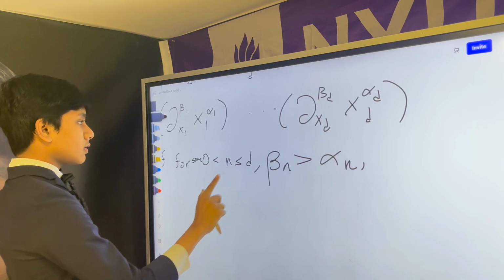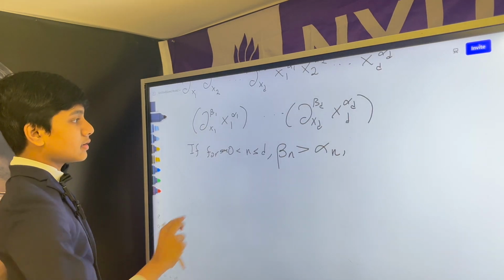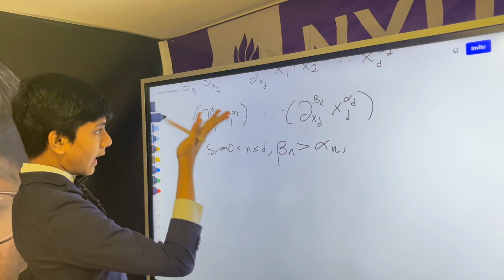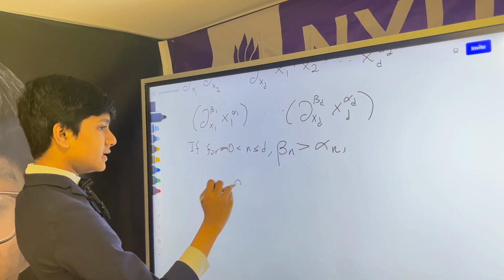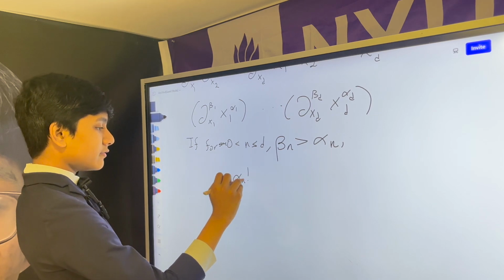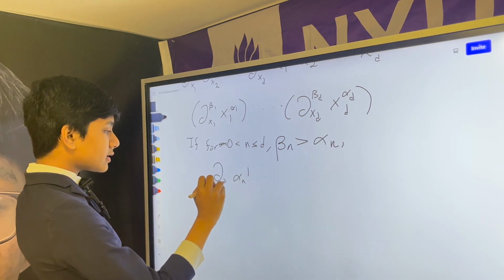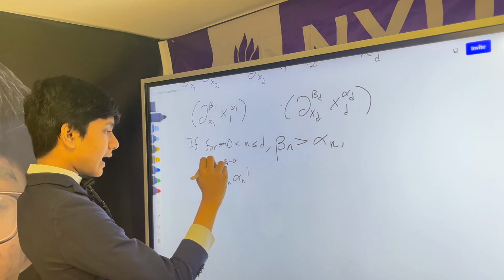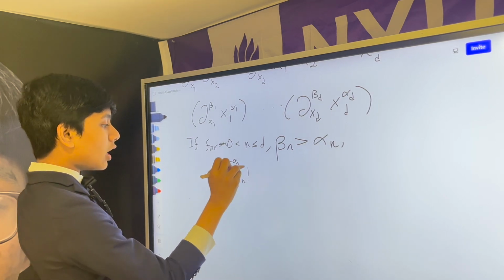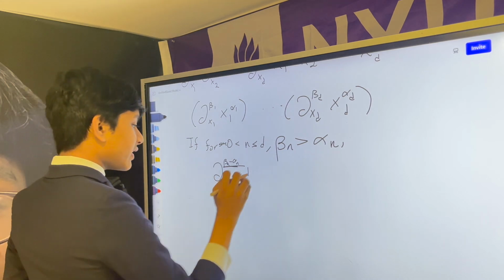Well, you're going to have the alpha n derivative of this be just alpha n factorial, but you're still going to be taking beta n minus alpha n, which is a positive number of derivatives of this.